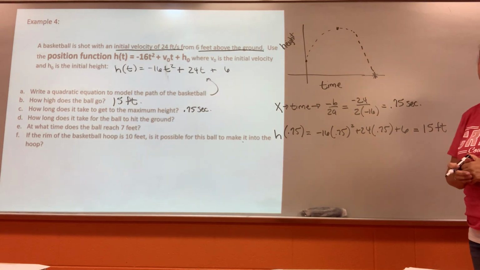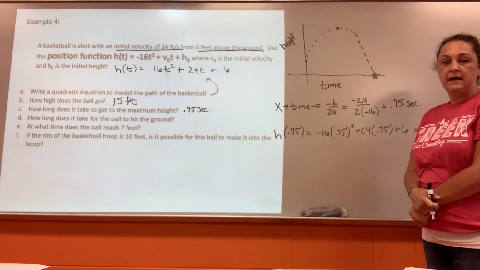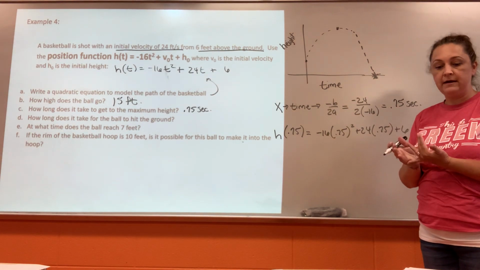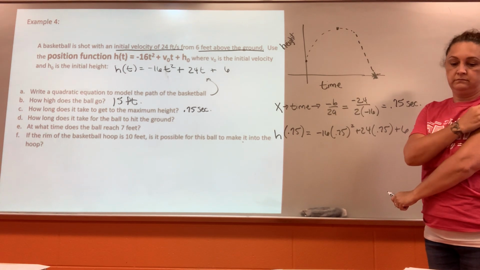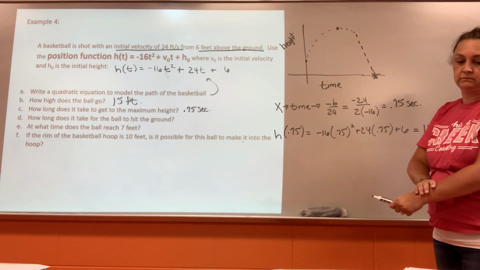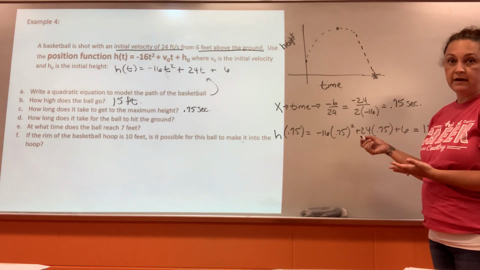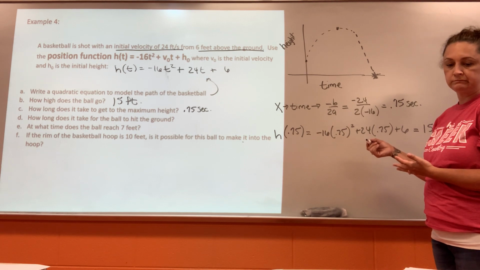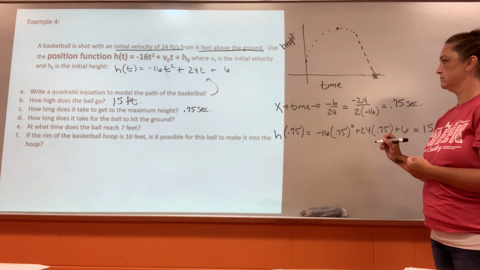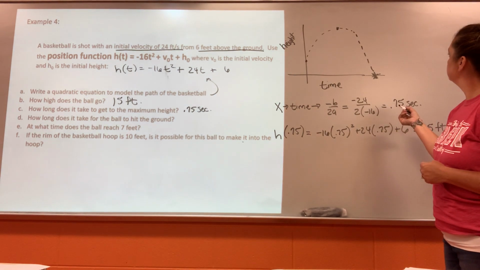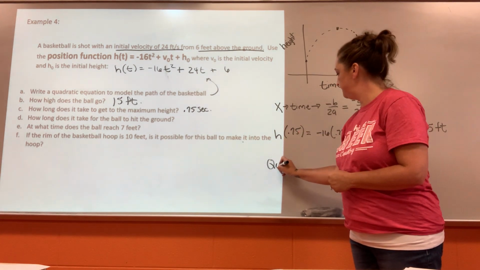How long does it take the ball to hit the ground? The ball hits the ground here. That's a root. We find roots by either factoring or using quadratic formula. So you're gonna have to use quadratic formula to find how long it takes to hit the ground, unless that thing will factor.